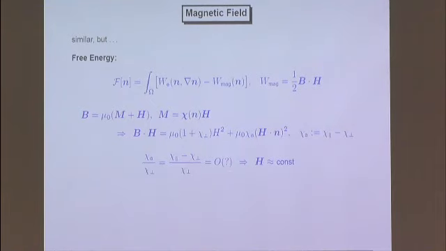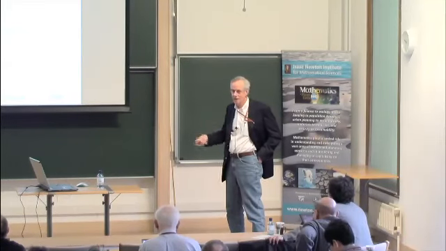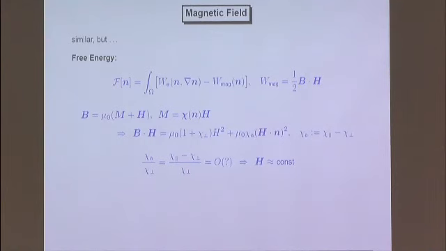Now, if I look in the textbooks for the justification for this, I can find quoted values of just chi A, chi parallel minus chi perp, and people say chi A is of the order of 10 to the minus 6, so we can take H to be constant.